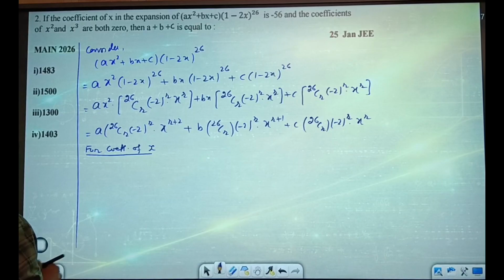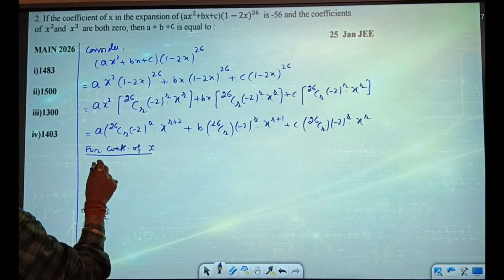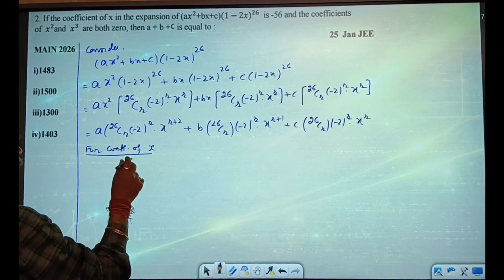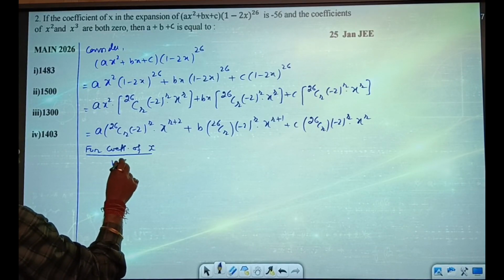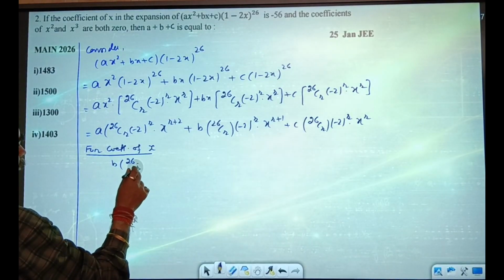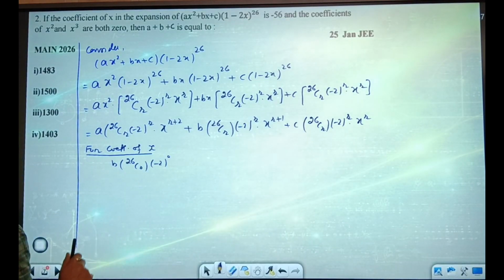When R is 0, what do we get? B into 26C0 (−2)^0.